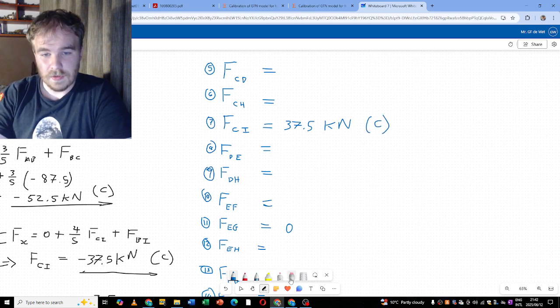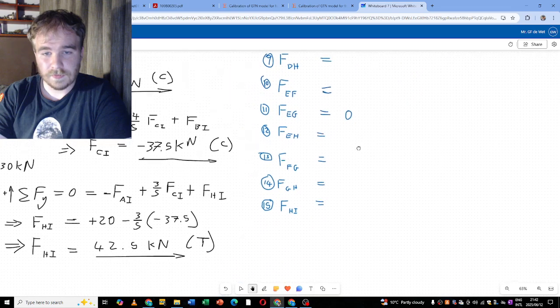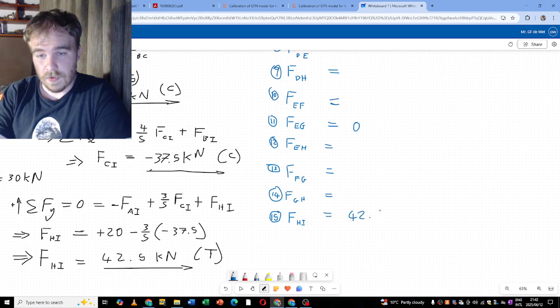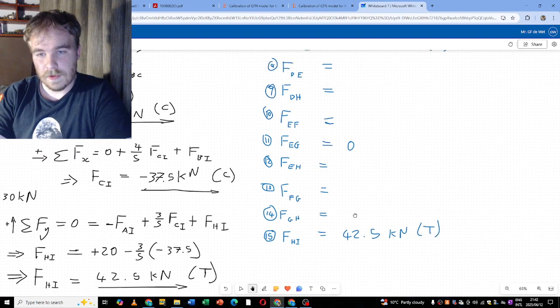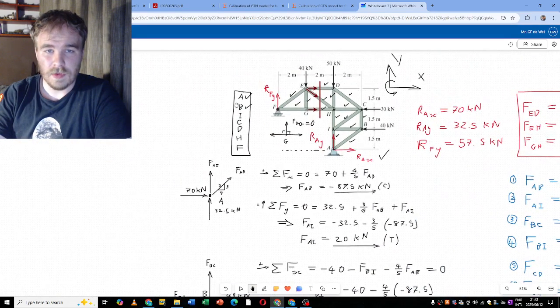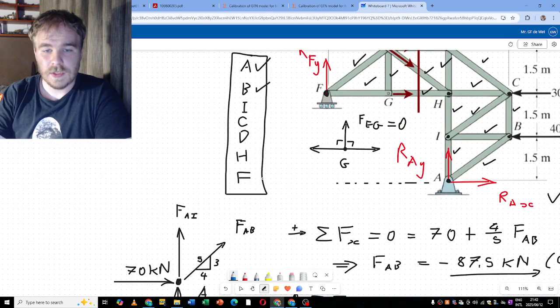And then we have FHI, which is all the way down here, and this one is 42.5 kilonewtons in tension. Okay, great. So we have another one of these points ticked off.